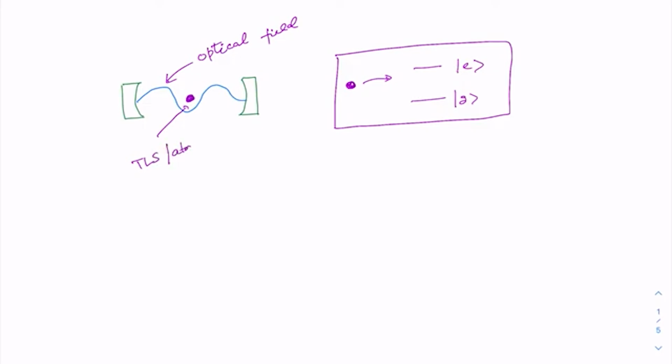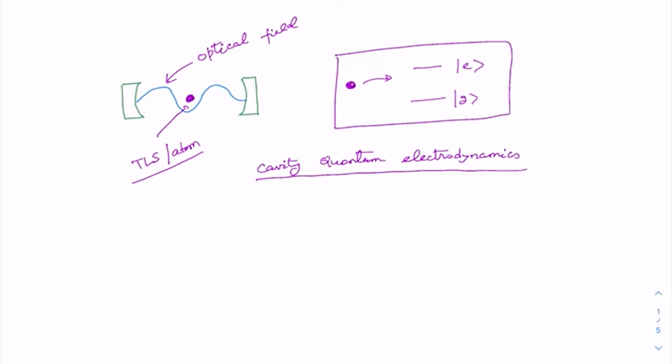This can also be described using the Jaynes-Cummings model, and in fact this is the domain of cavity quantum electrodynamics. What we are discussing in this particular model is circuit quantum electrodynamics, but the Jaynes-Cummings model can equally be utilized in other domains as well, such as cavity quantum electrodynamics.